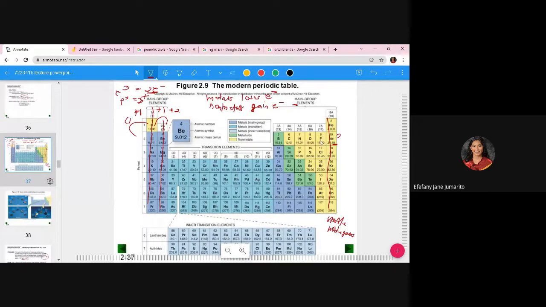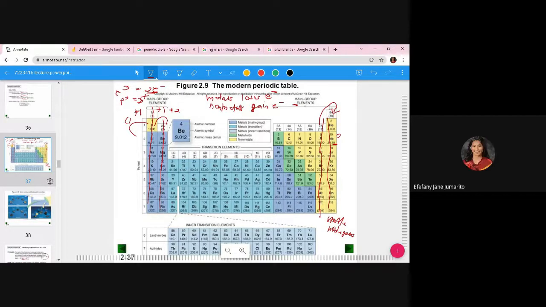So, okay, we have fluorine. How many electrons does it need to gain para mahimo siyang stable? 1, ma'am.